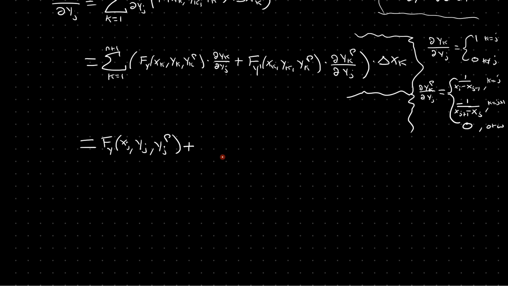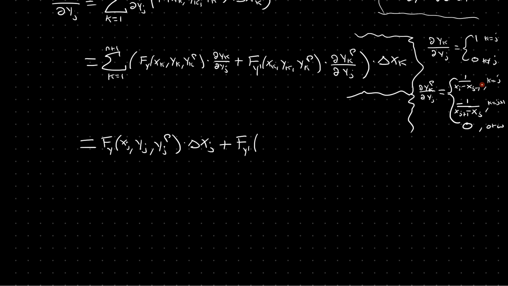Oops, and I forgot one thing here. I forgot to multiply through by delta xk here, which is a delta xj, because this is non-zero when k equals j. So this will be fy prime.